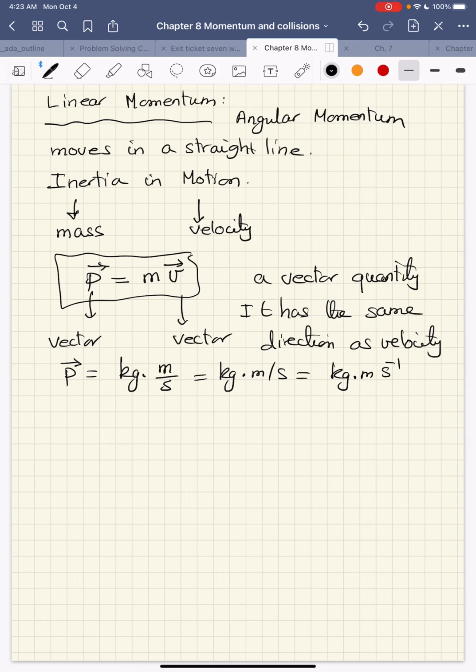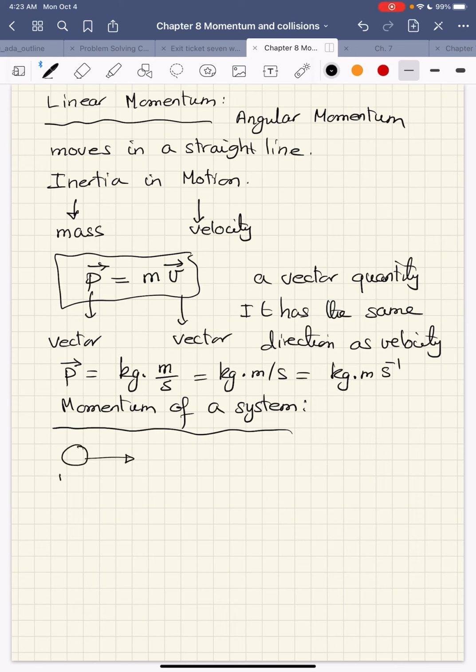Now, most of the time I have to worry about the momentum of a system, not only a single particle. In general, let's say I have mass 1 with velocity v1, and mass 2 moving with velocity v2.